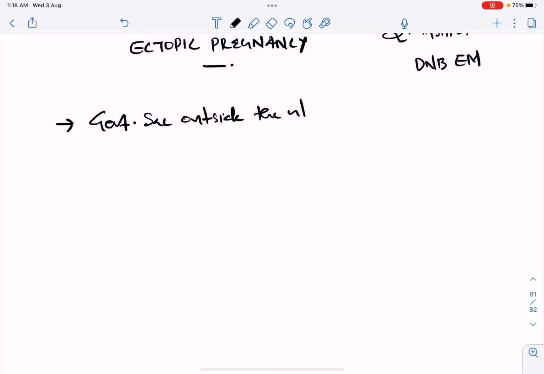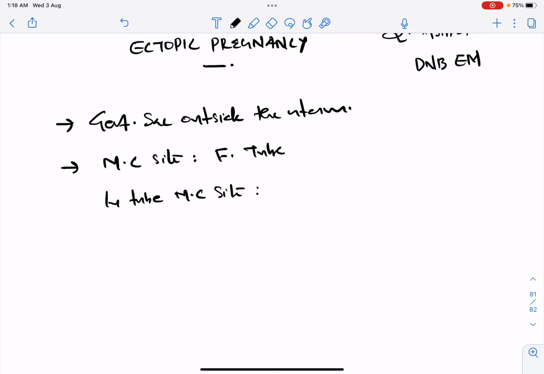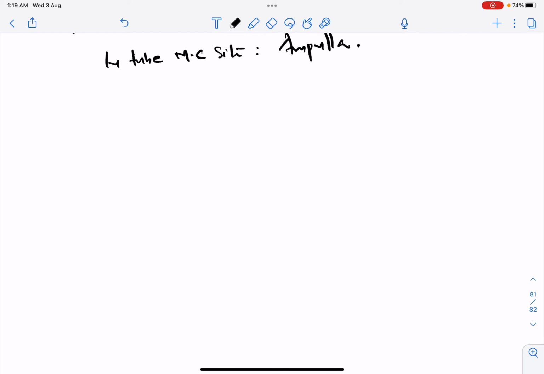The most common site of ectopic pregnancy is the fallopian tube, and in the tube the most common location is the ampulla of the fallopian tube.